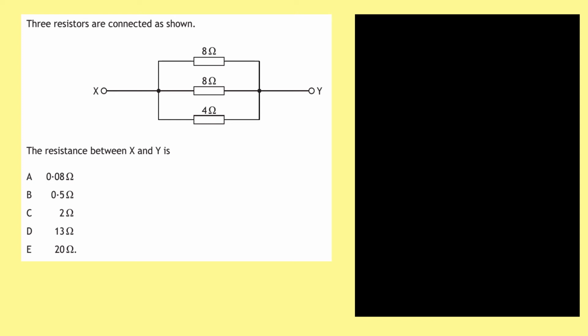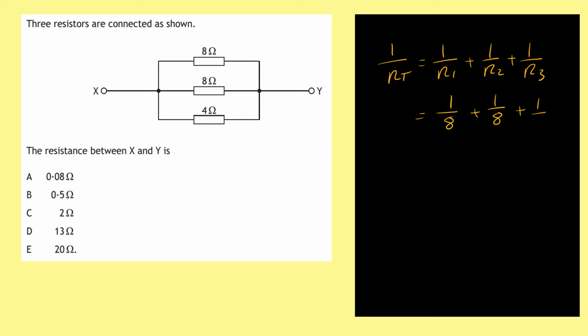Okay, so here we have another parallel combination. Remember our parallel rule, 1 over RT is equal to 1 over R1 plus 1 over R2 plus 1 over R3, which is 1 over 8 plus 1 over 8 plus 1 over 4.